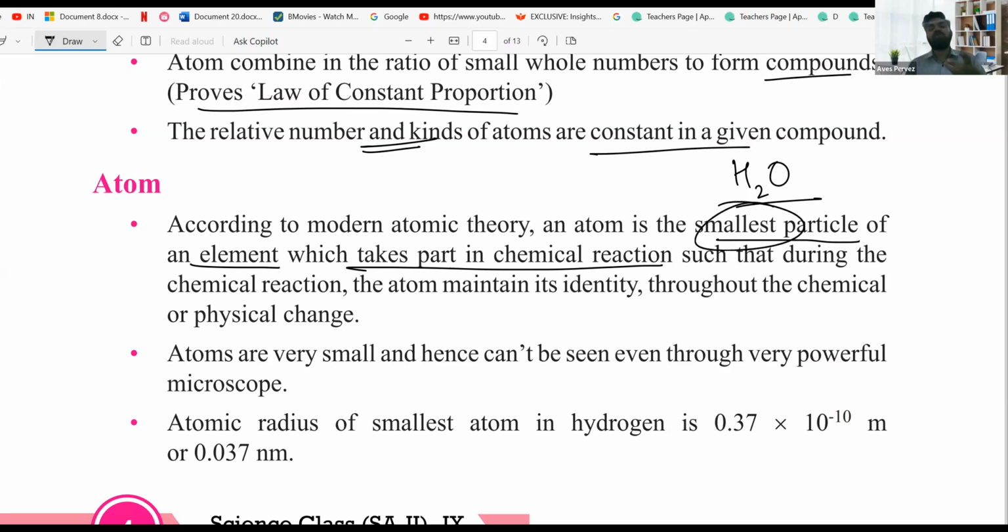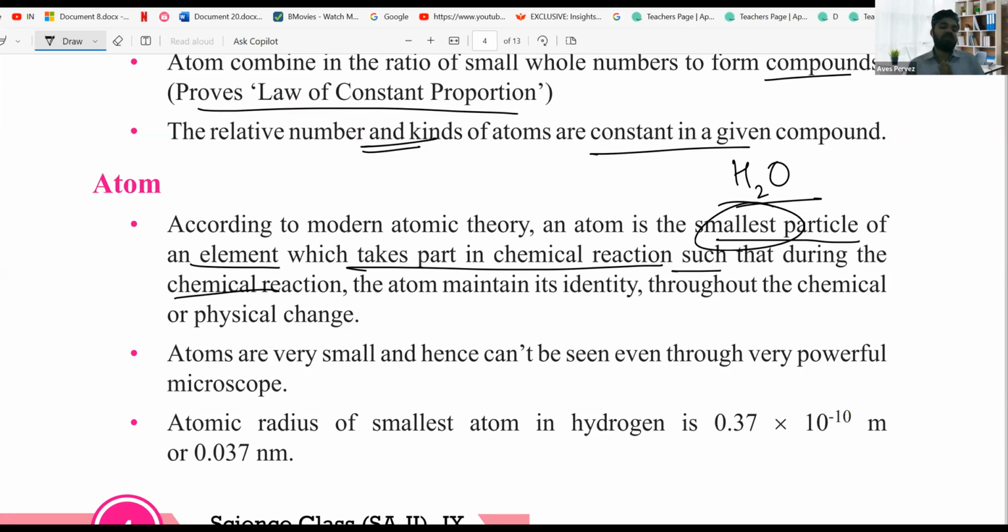As a whole, it is the smallest particle which takes part in chemical reactions, as we wrote in the previous class in the definition. The atom maintains its identity throughout the chemical reaction or a physical change.